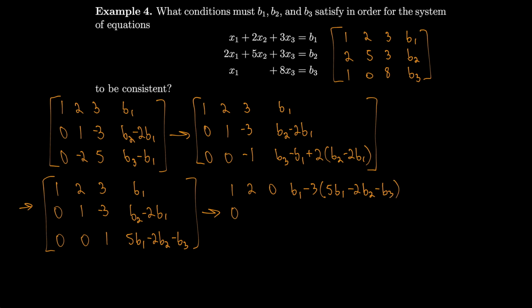And my middle row becomes 0, 1, 0. That constant was B2 minus 2B1. And now I'm adding 3 times the bottom row, 5B1 minus 2B2 minus B3. And then my last row is still 0, 0, 1, 5B1 minus 2B2 minus B3.